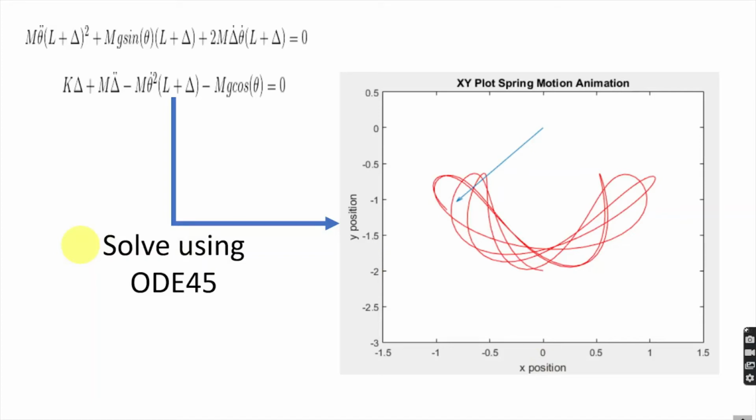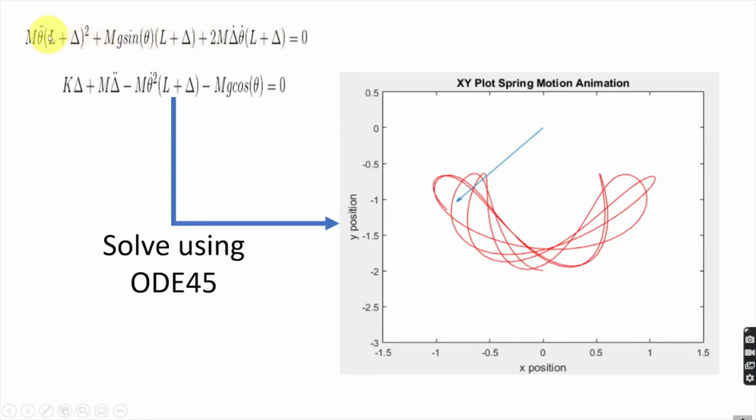In the previous video, we showed how to derive the two second order differential equations that govern the motion of a spring pendulum, and I rewrote them here nicely so you can see them.